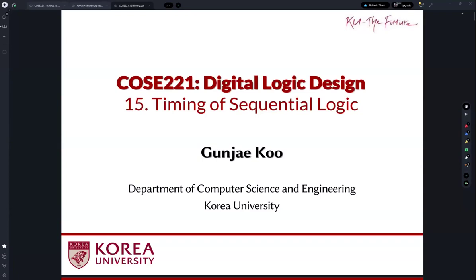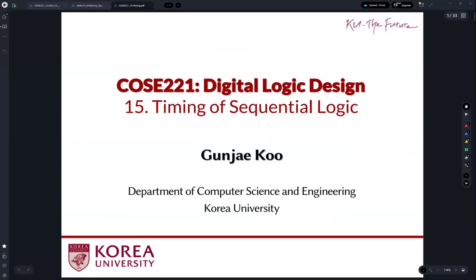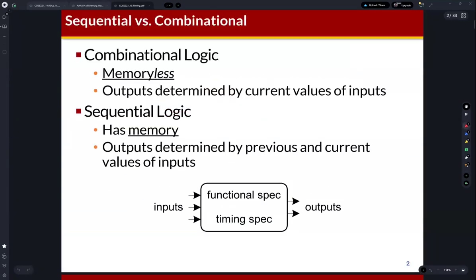which means that digital systems include D flip-flops and combinational logic between D flip-flops.